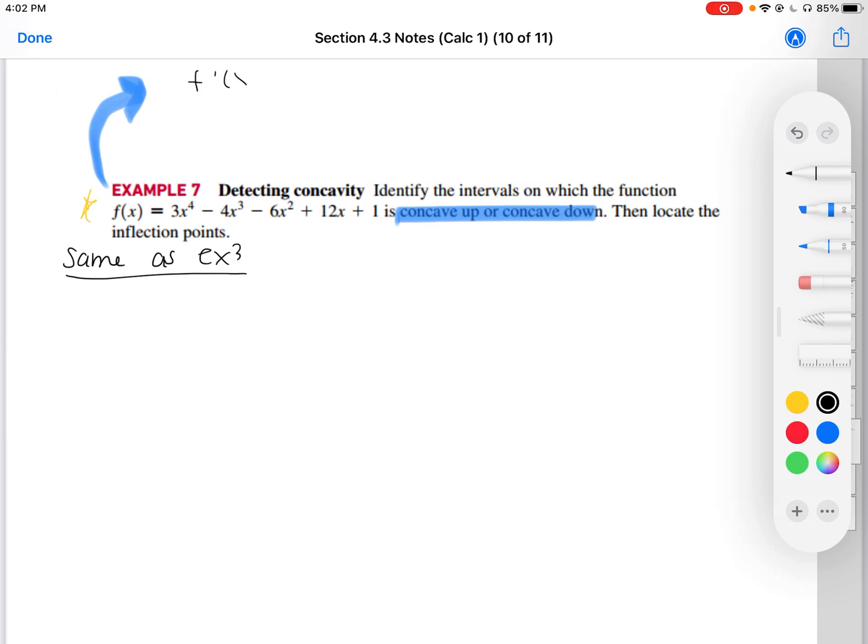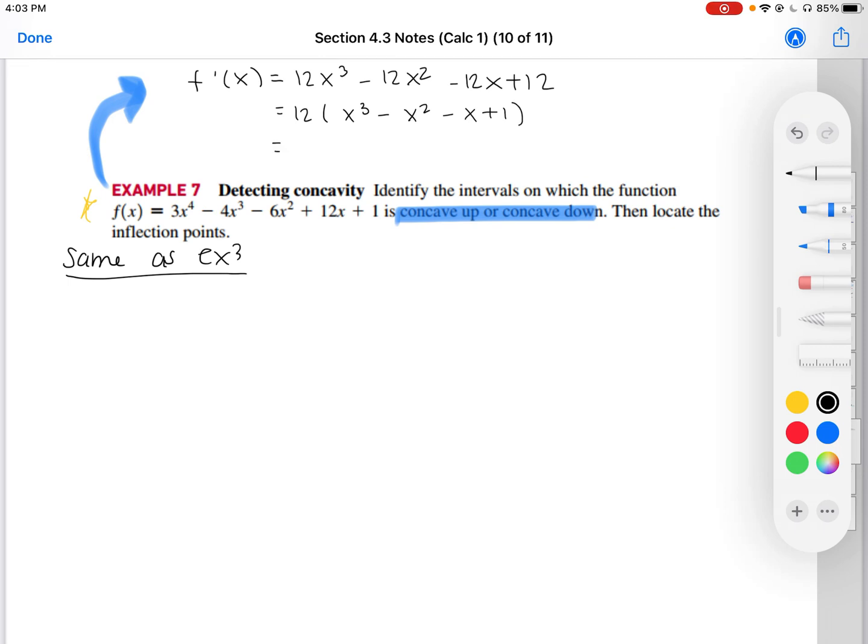So I have f prime of x is equal to, let's use power rule one more time, 12x cubed minus 12x squared minus 12x plus 12. We can factor out a 12, and we're left with x cubed minus x squared minus x plus 1.